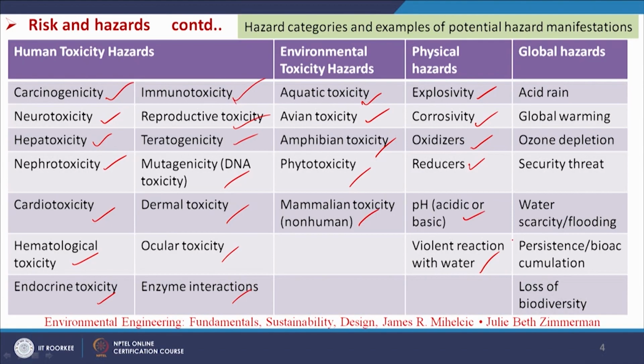Some new global hazards have been identified with respect to climate change: global warming, ozone depletion, acid rain, security threat, water scarcity, flooding, persistence and bioaccumulation, and loss of biodiversity. So, these are the different types of hazards that have been categorized. Now, we will see how we do the risk analysis.